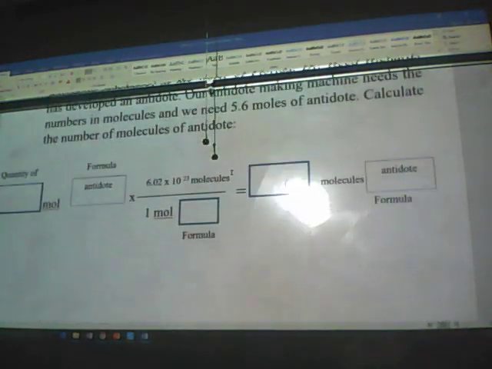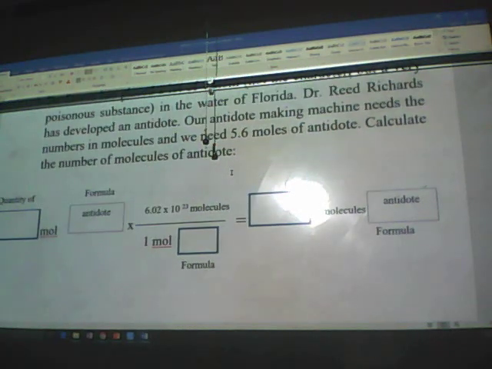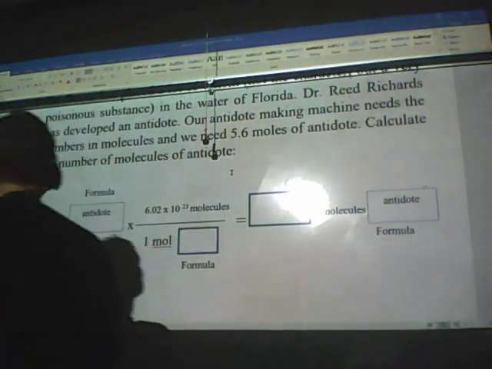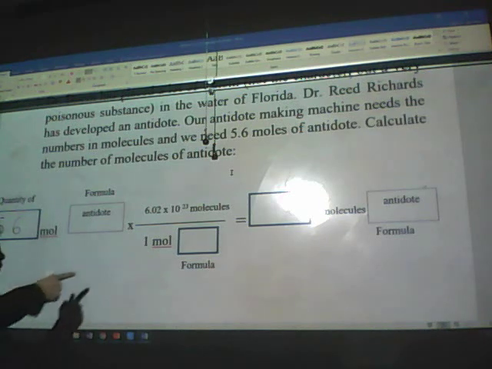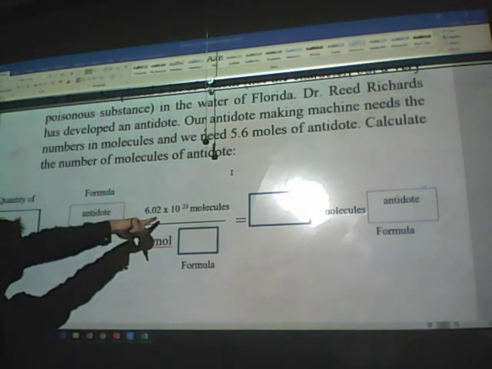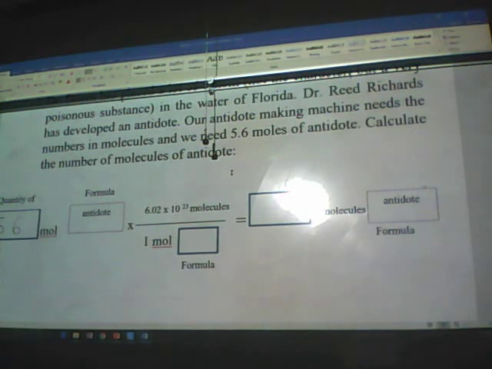So first exercise, how to transform moles to molecules. So we have 5.6 moles of whatever. In this case antidote, you only have to multiply by 6.02 by 10 to the power of 23 and divide it by 1. And that way, you turn it into molecules, sorry.